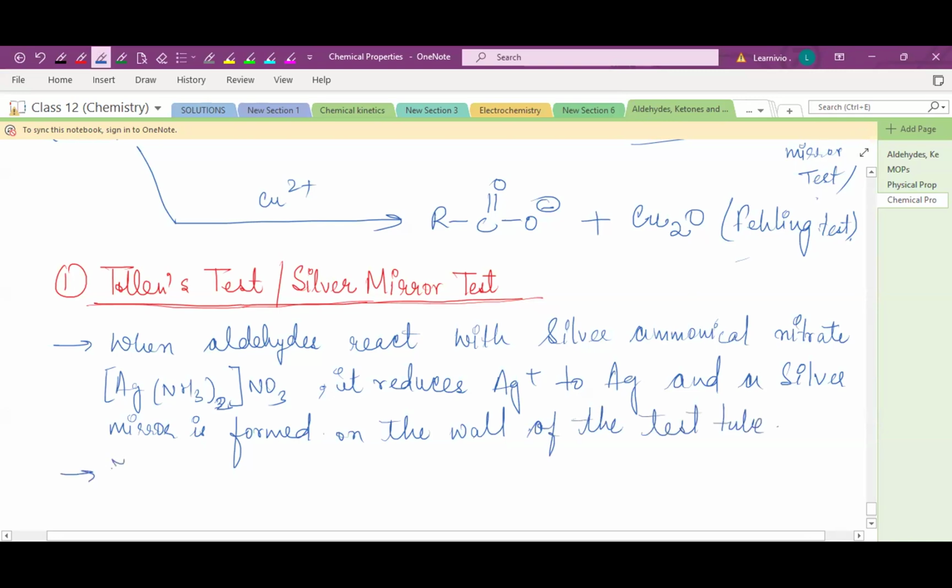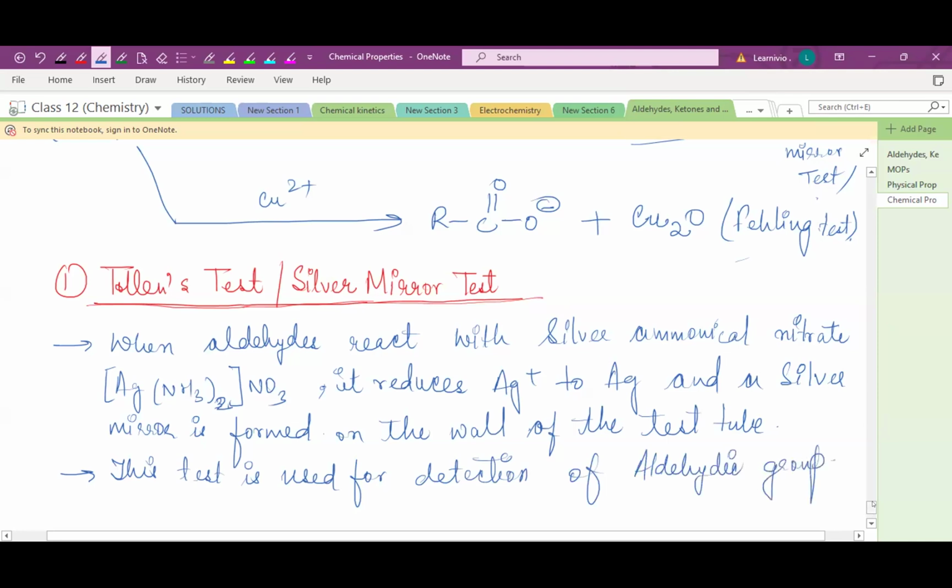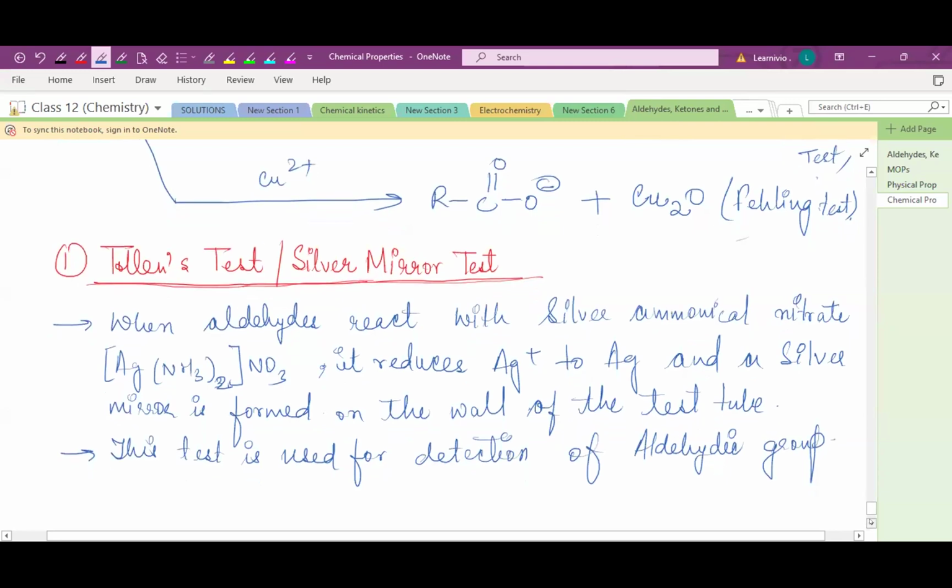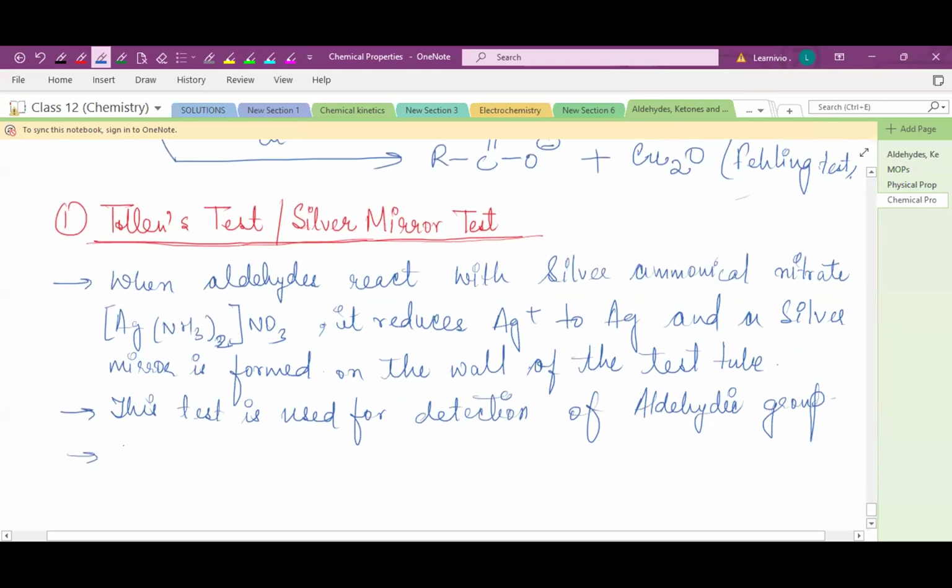This test is used for detection of the aldehyde group. Next point, it is not given by ketones.